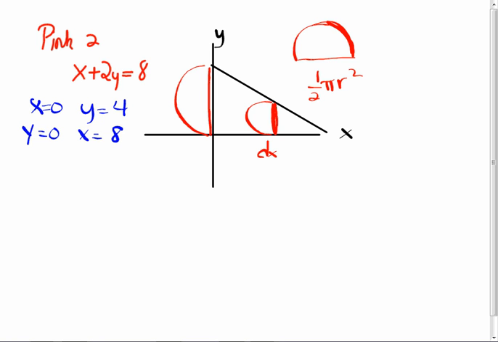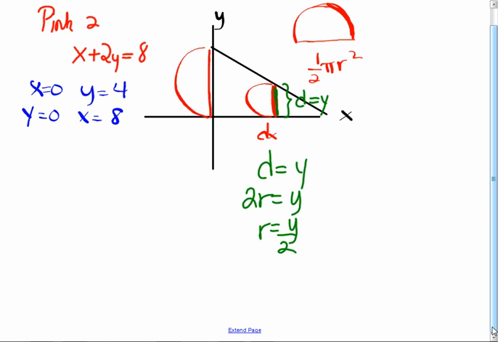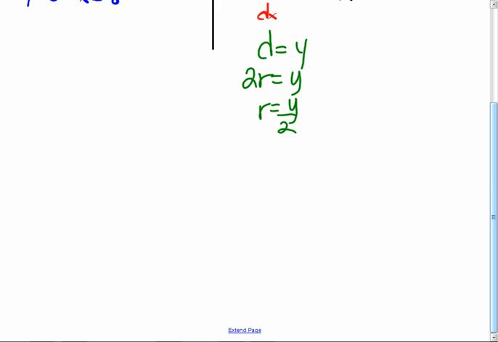This is what? That's the diameter. So the diameter is equal to y, but so the radius is y over 2. Now you got to be careful with this, because it's the radius that is squared.